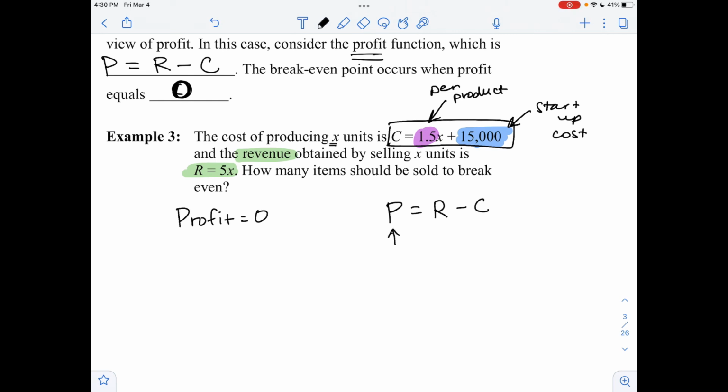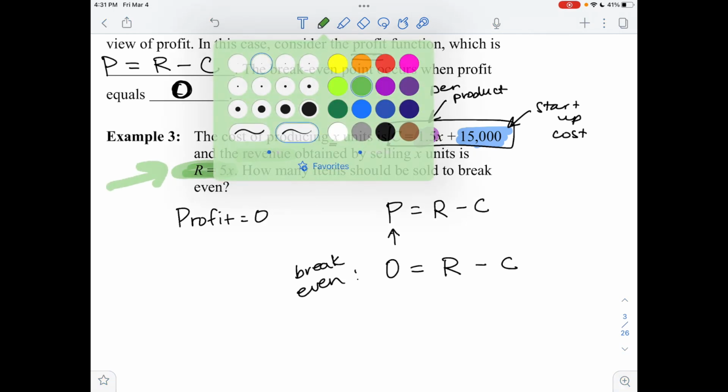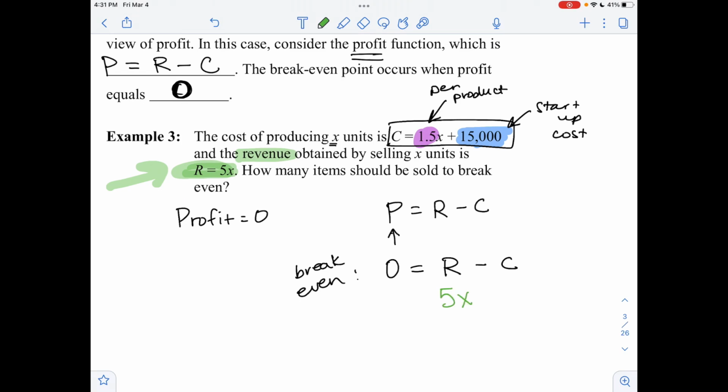So if I want the profit to be 0 for my break-even point, we're going to say 0 equals the revenue minus the cost. Well, we know the revenue right here is 5x. And we're going to subtract from it the cost function, which is right here: 1.5x plus 15,000, equals 0.